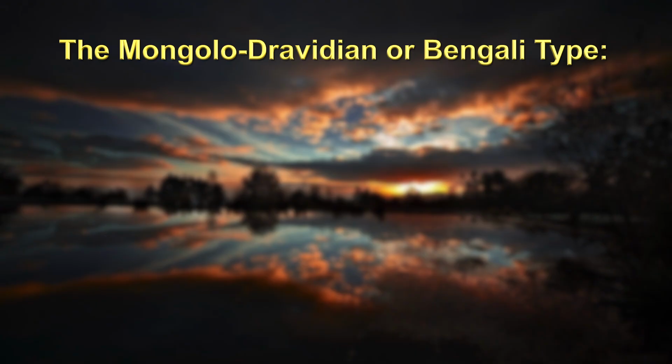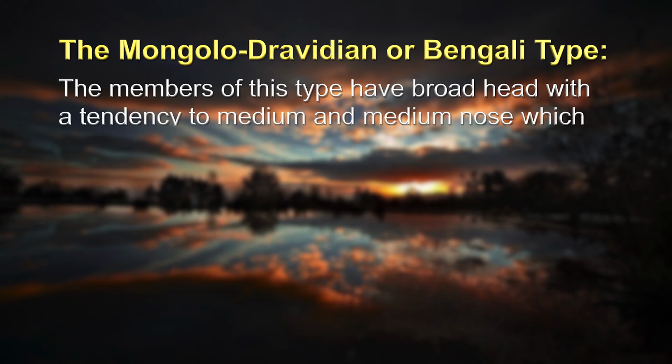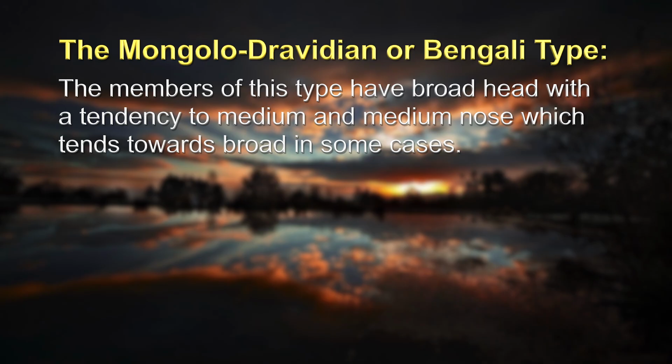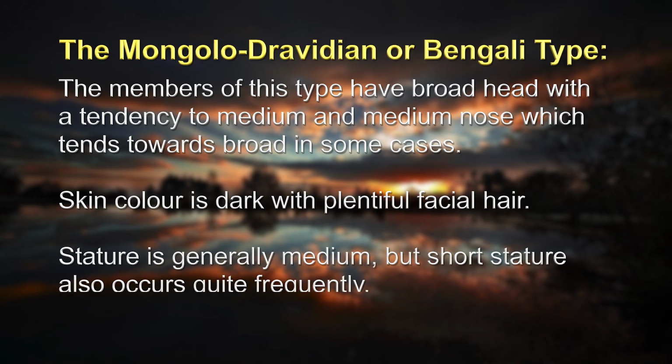Coming to the fifth one, the Mongolo-Dravidian or Bengali. The members of this type have broad head with a tendency to medium and medium nose, which tends towards broad in some cases. Skin color is dark with plentiful facial hair. Stature is generally medium, but short stature also occurs quite frequently.